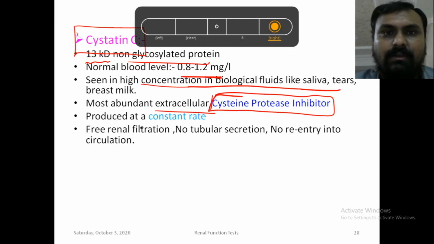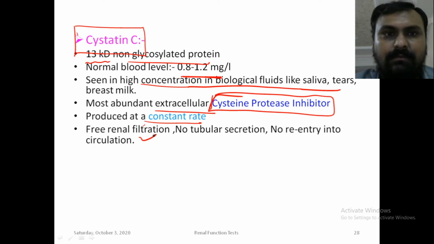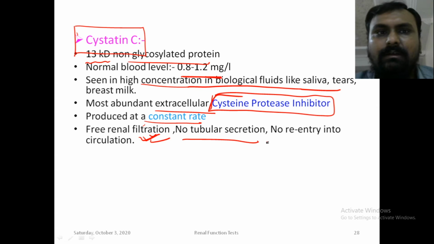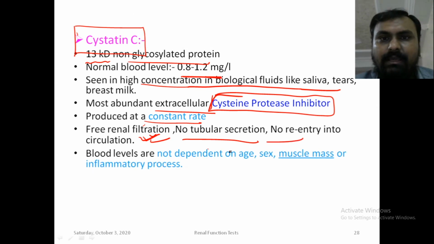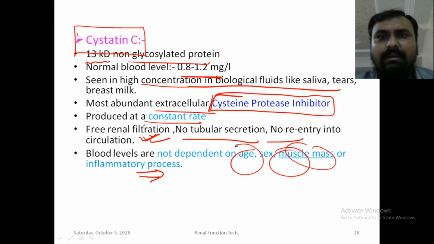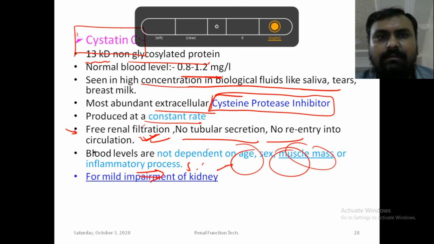It is produced at a constant rate. There is free renal filtration, no secretion, not reabsorbed, right? And it is not dependent on age, sex, muscle mass, or inflammatory process. Like age and sex can affect the creatinine level, or urea can be reabsorbed by the kidney, but cystatin C is not affected by any of these.